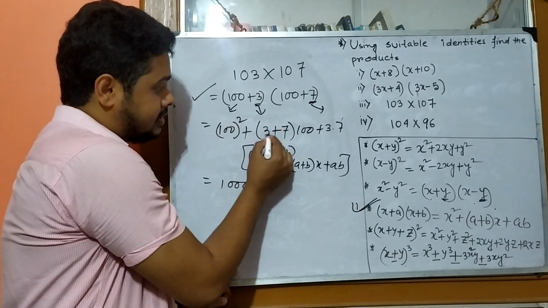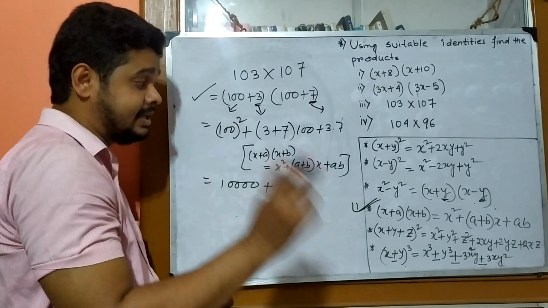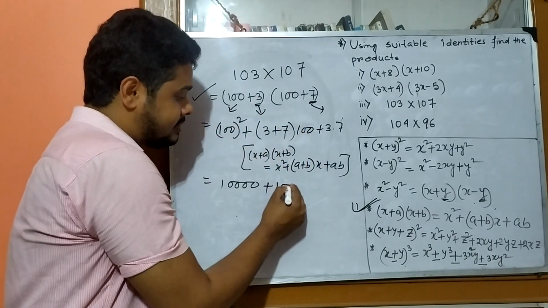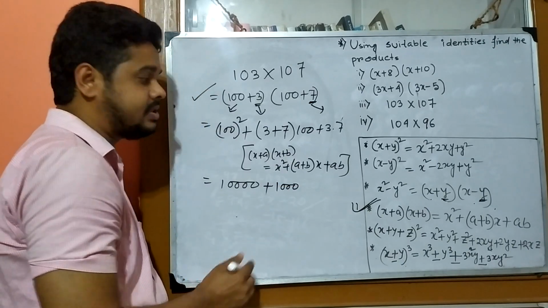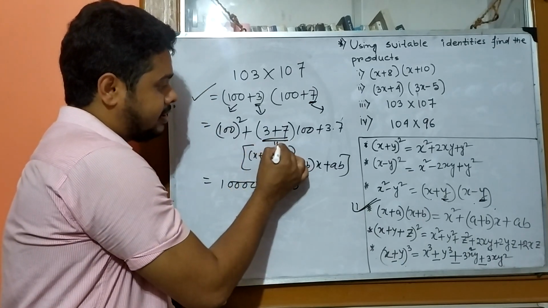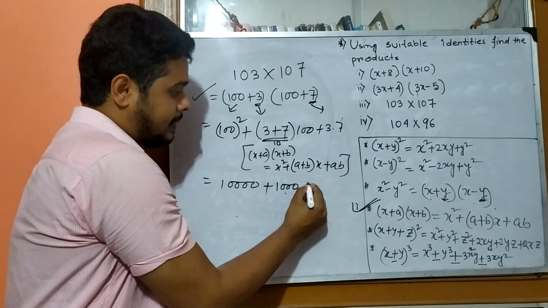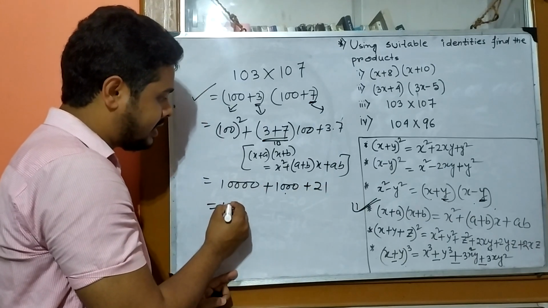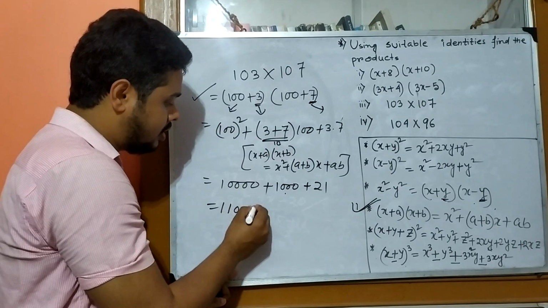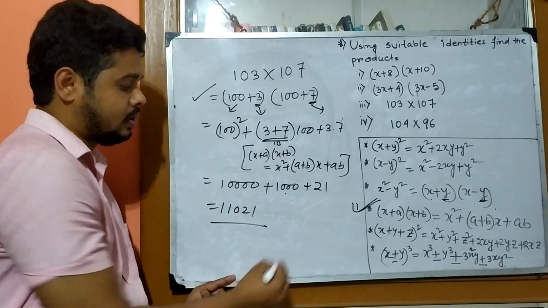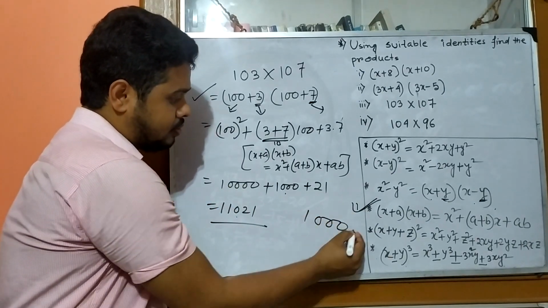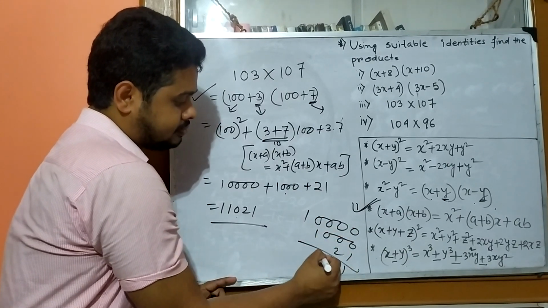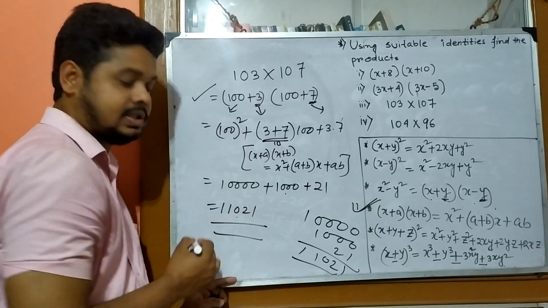After that 3 plus 7 is 10, 10 into 100 is 1000, plus 21. So adding all these, we can write 11021. Okay. You can check also. Clear?